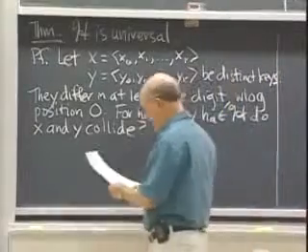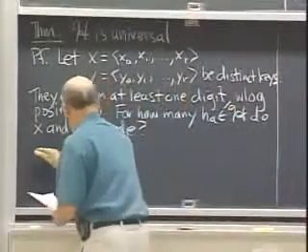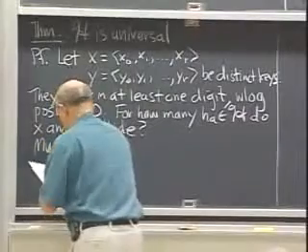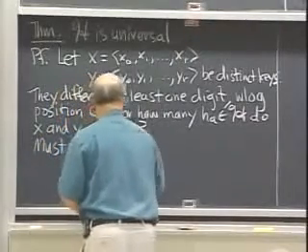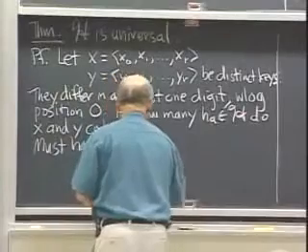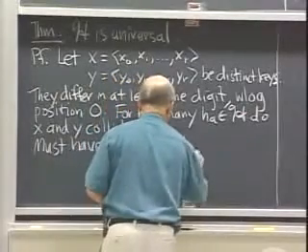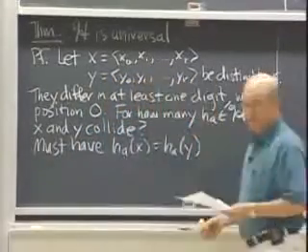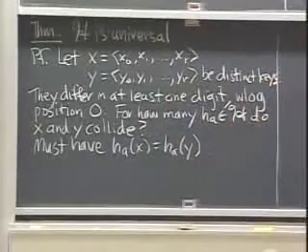So if they collide, we must have that h sub a of x is equal to h sub a of y. That's what it means for them to collide.